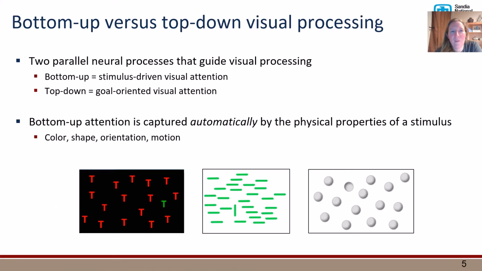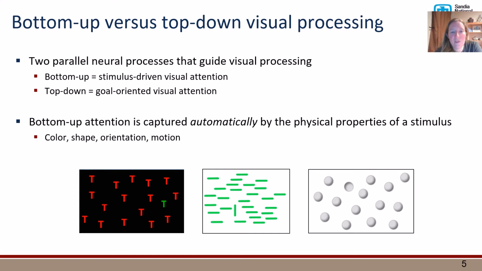Just to spend a moment defining bottom-up and top-down visual processing, these are two parallel neural processes that guide visual processing in the brain. Bottom-up is also known as stimulus-driven visual attention, and it is captured automatically by the physical properties of the stimulus, such as color, shape, orientation, or motion.